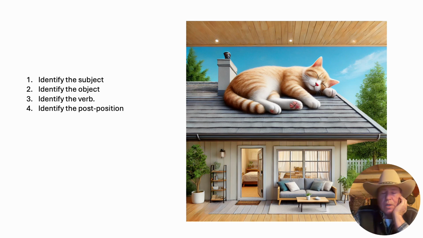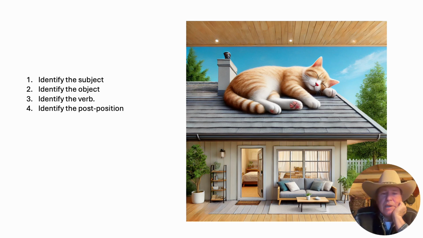Okay, so this one, the sentence should be the cat is laying or reclining on top of the house. So the subject is the cat, the object is house, the verb is khpaye, and the postposition is akan, on top of. Igmuki tipiki akan khpaye.